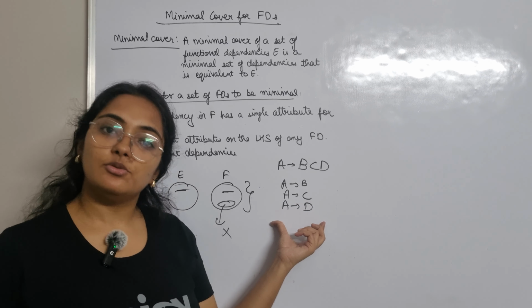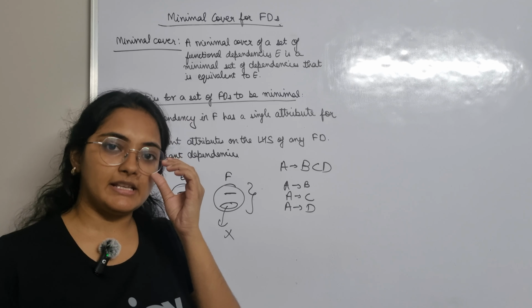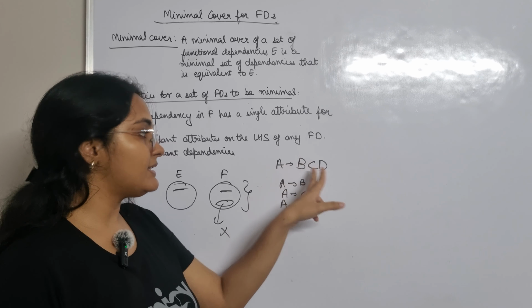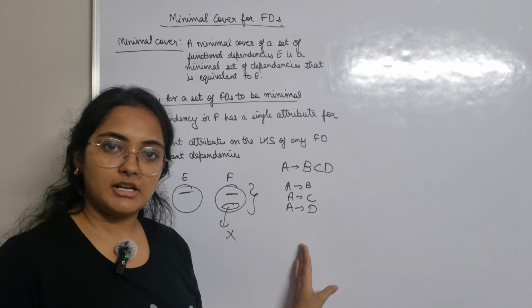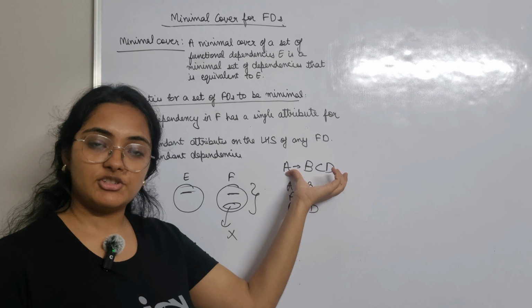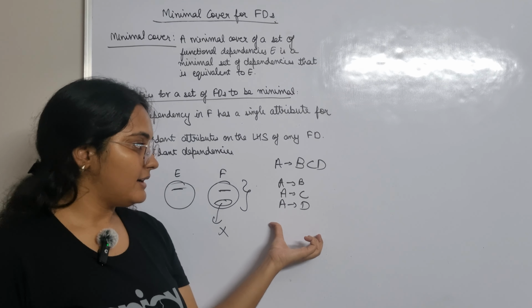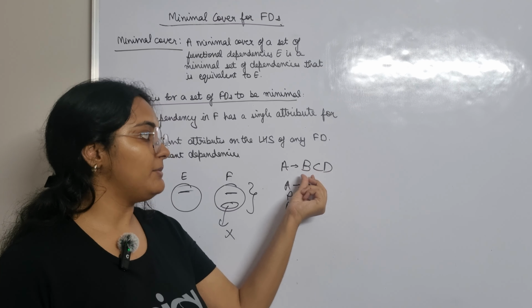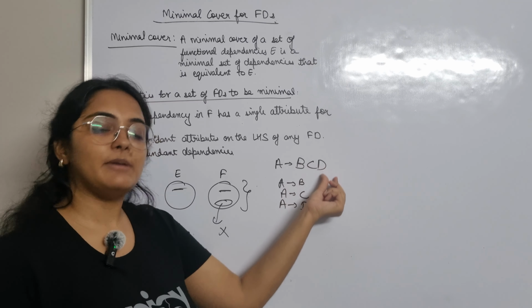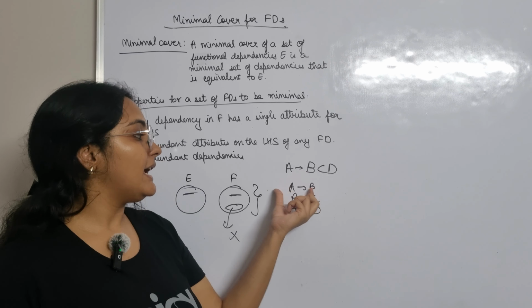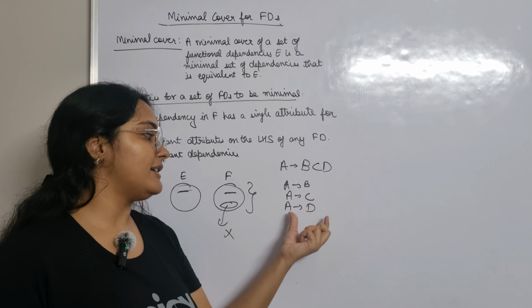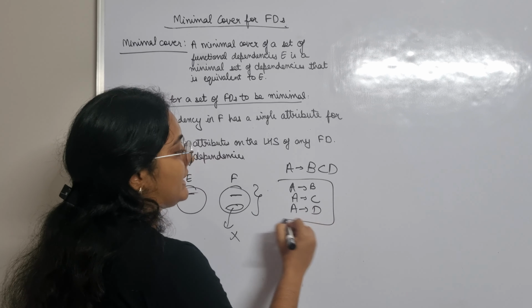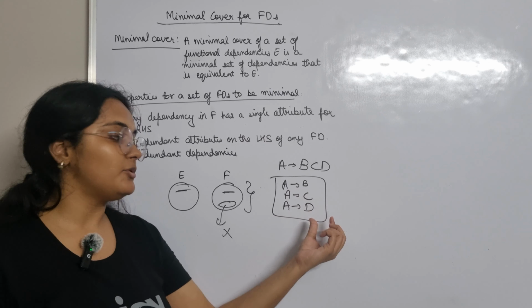Using the decomposition rule that we studied in the inference rules for functional dependencies, we can decompose one functional dependency into many dependencies. If A can determine B, C and D, then A can determine B, A can determine C, A can determine D individually, right? So we have to bring the set of dependencies into this form, with a single attribute on the right hand side.